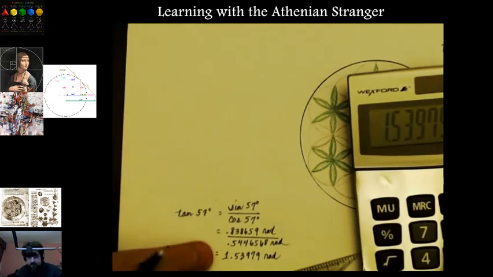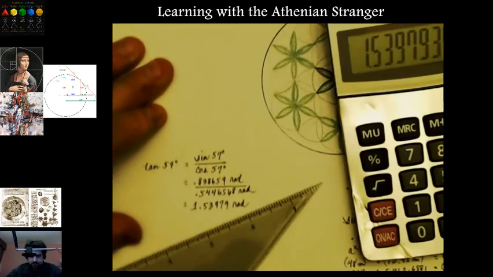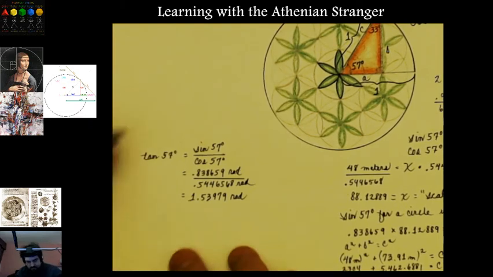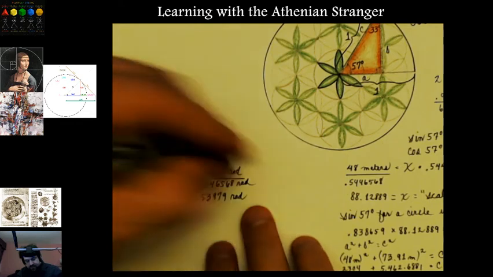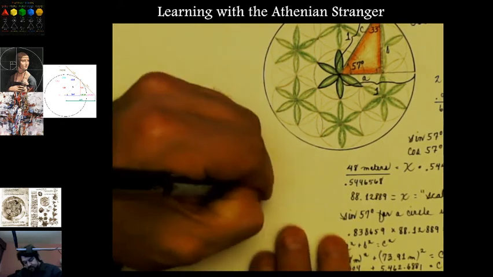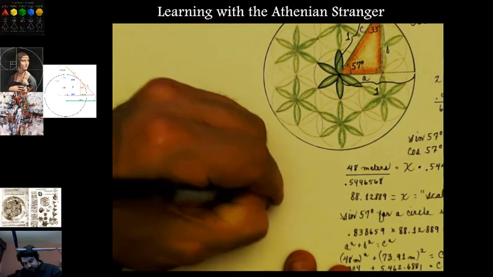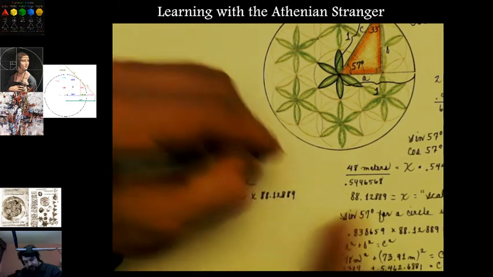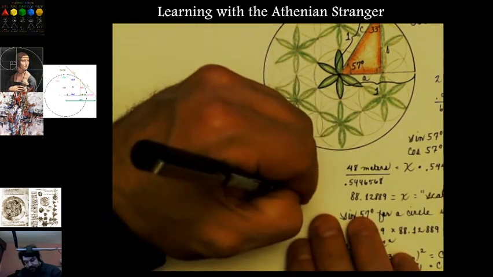For unit circle radius 1, this is the tangent. So, for circle radius 88.1288, what is the tangent? Well, what we do is we just take this and multiply by 88.12889. That's our scale factor. And we'll get the tangent.